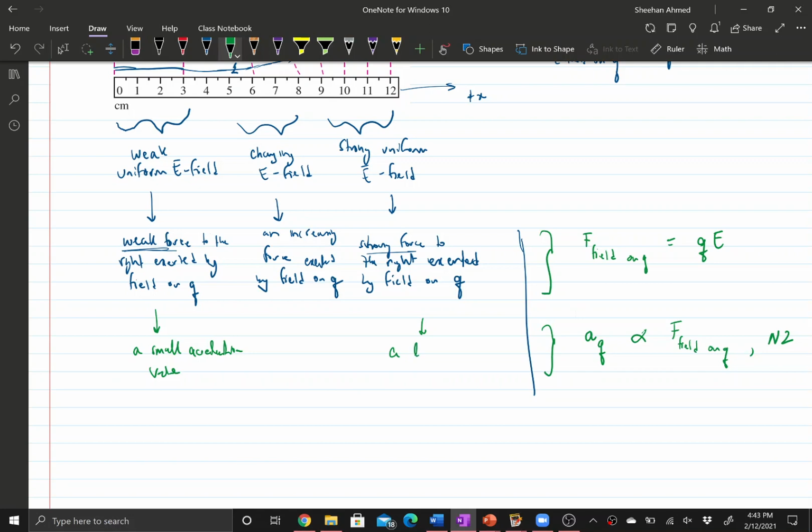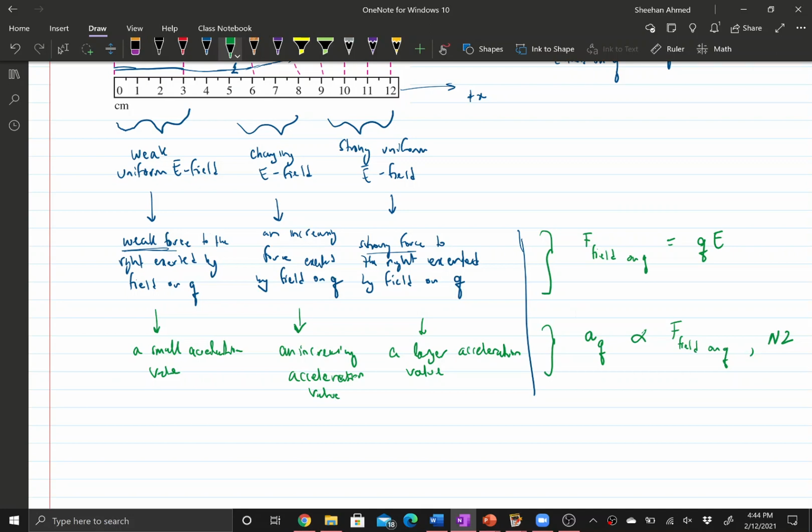Here it's a larger acceleration value. And what about the middle? Well, if it's an increasing force, it's an increasing acceleration value.